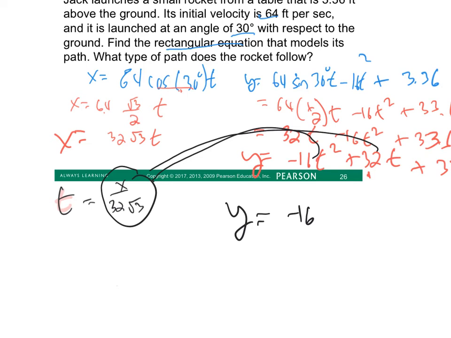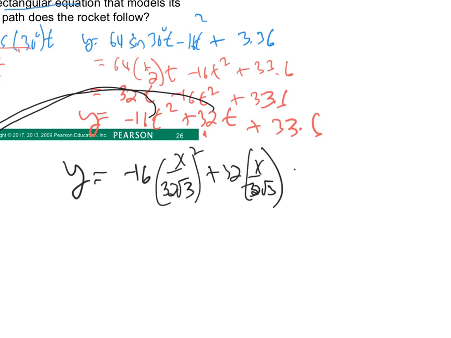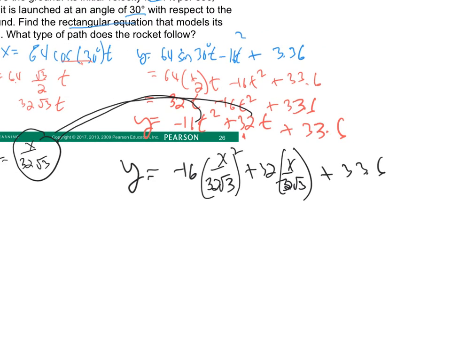times x over 32 square root of 3, squared, plus 32 times x over 32 square root of 3, plus 33.6.